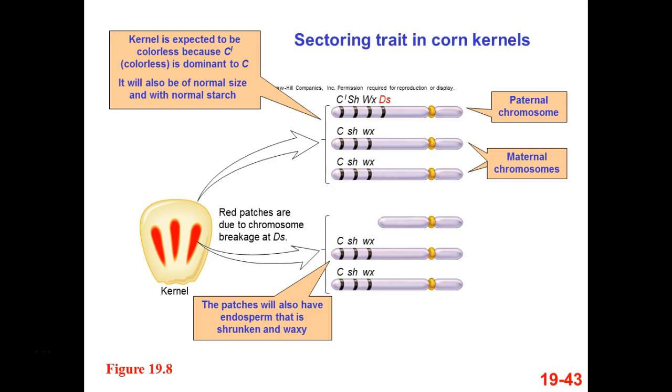And so what was happening is that sections were moving. You had these breakages, and when that segment inserted back in, it would sometimes disrupt the part that determined the color. So in this kernel, it's disrupted where it's clear, and in the red patches, it's no longer disrupted.